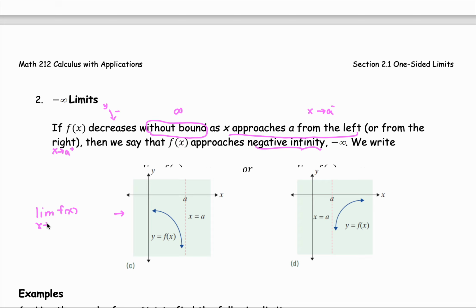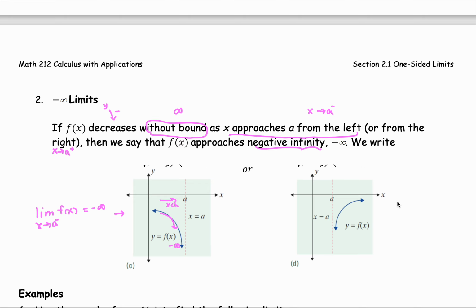And then we can see this graph represents the limit of the function f of x as x approaches a from the left side equals negative infinity, because as you see the flow of the graph, x comes toward a but is still less than a, so that represents the negative side or the left-hand limit. The y value decreases without bound, approaching negative infinity.